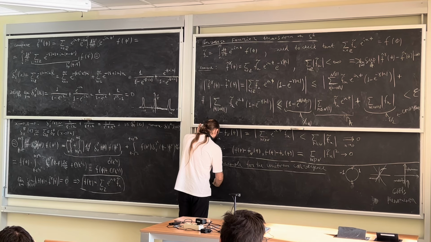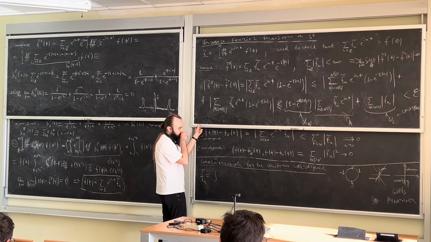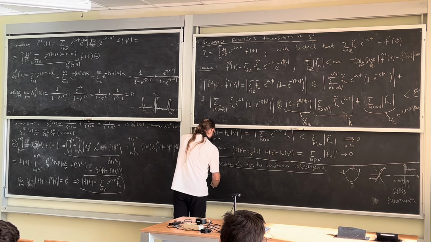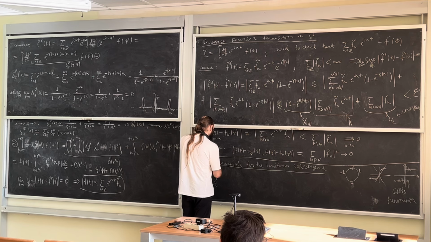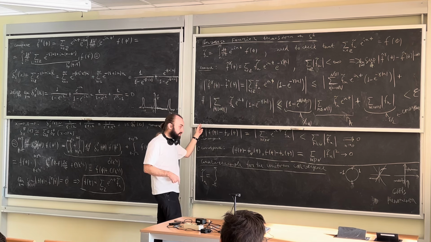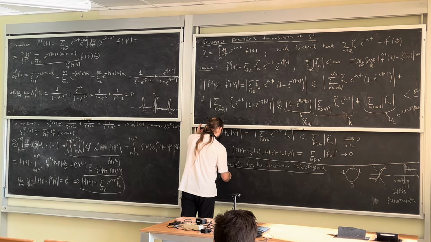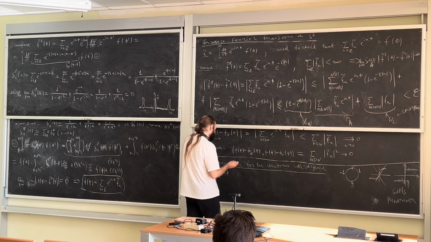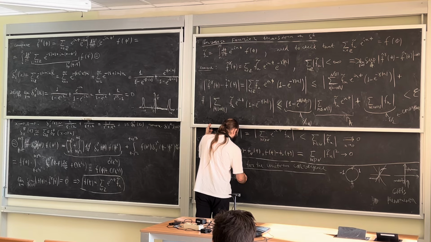They equal the integral from 0 to pi, or maybe let us better write it as the integral from minus pi to pi, because everything is periodic, of e to the minus i n phi times f of phi, d phi over 2 pi.